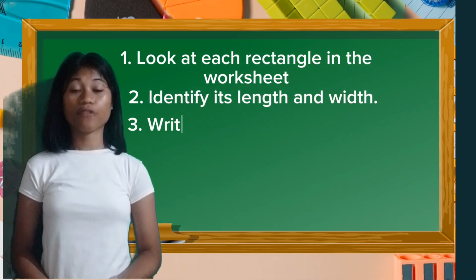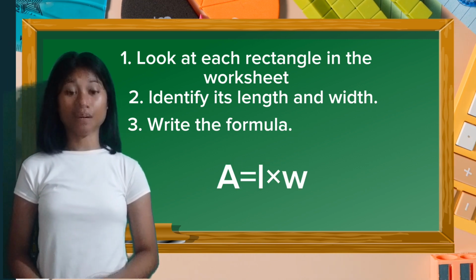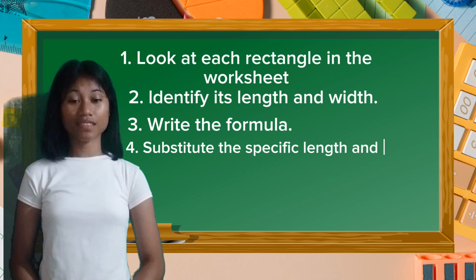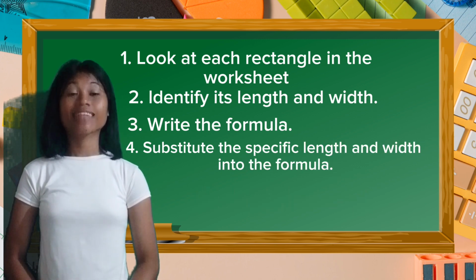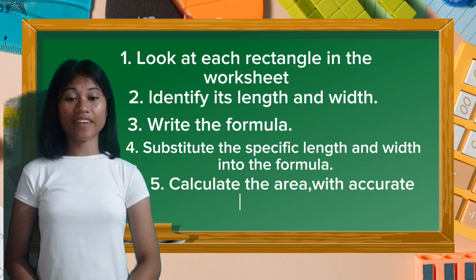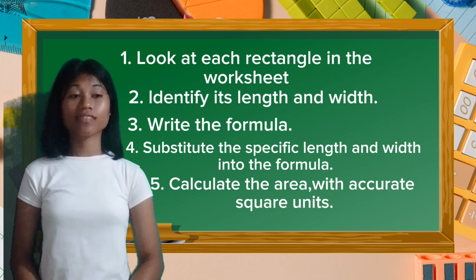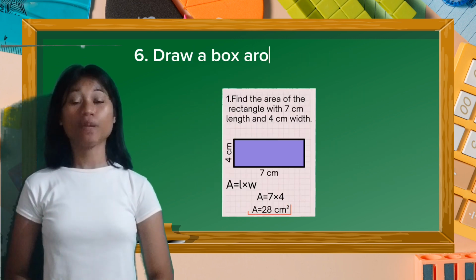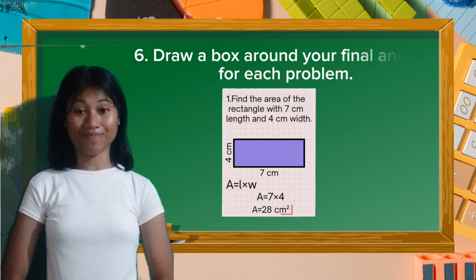And then write the formula A equals L times W. Then, substitute the specific measurements of length and width into the formula. Next, calculate the area with the correct square units. Example, centimeters squared. And last but not the least, draw a box around your final answer for each problem.